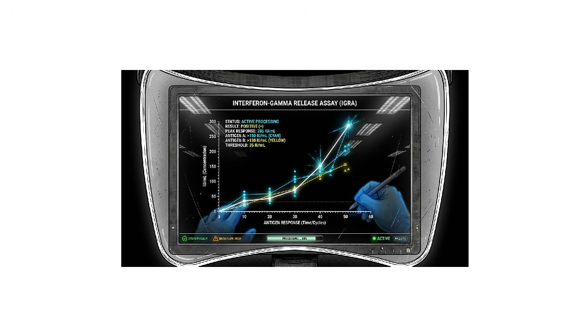Then instead of measuring a bump, the lab measures the exact amount of interferon gamma your blood cells release. Objective, precise, unaffected by BCG vaccination. Results in about 24 hours. Key limitation to remember for your exam: like the PPD, the IGRA cannot distinguish between active and latent infection.